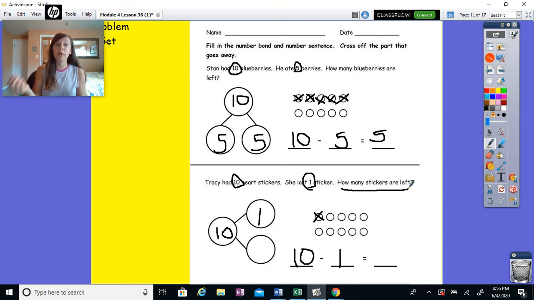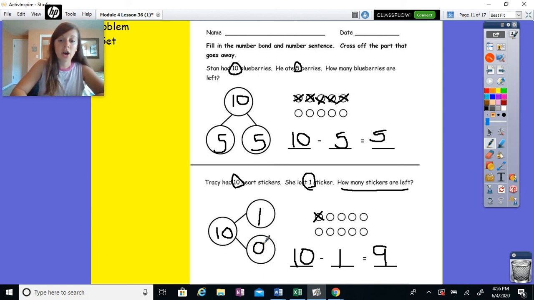You could count how many do not have an X on it. So let's count how many don't have an X. 1, 2, 3, 4, 5, 6, 7, 8, 9. Good job. So we're going to write a 9. Circle, straight tail. And I have to remember to put it in my part of my number band.